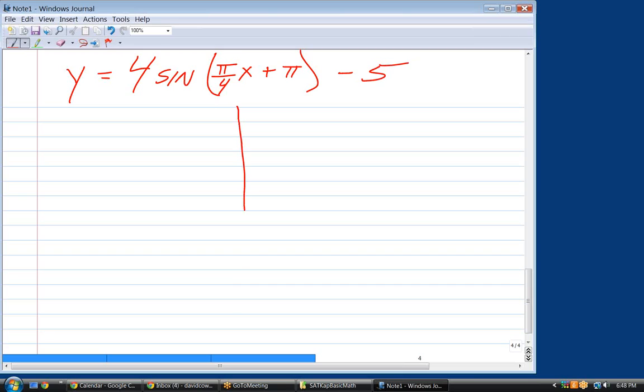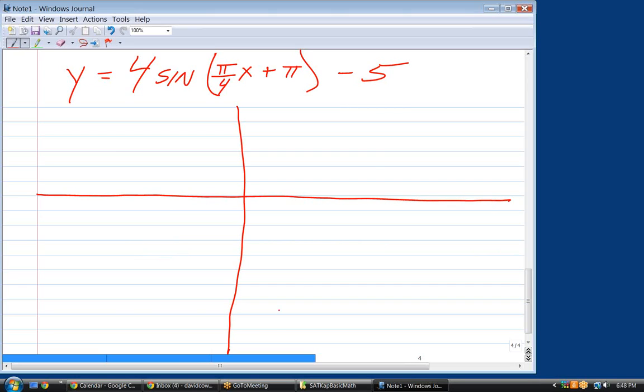So let's take the first step. Set up your line of symmetry. Okay, there's the x-axis.